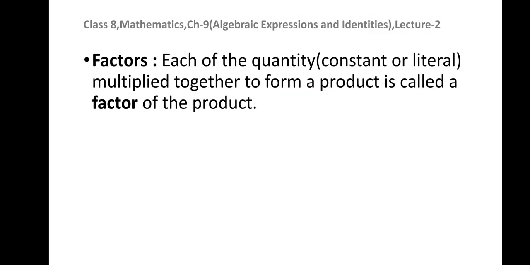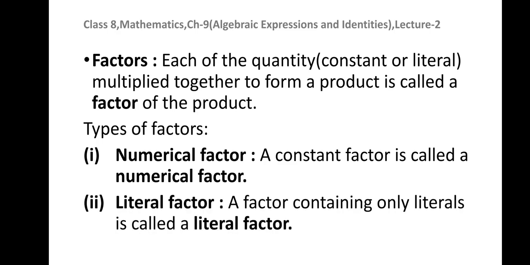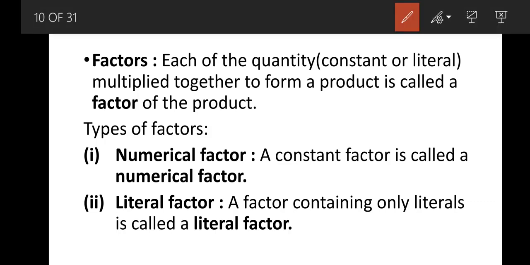So factors: each of the quantities, constant or literal, multiplied together to form a product is called a factor of the product. We have studied the types of factors, that is, numerical factor. A constant factor is called a numerical factor. Literal factor: a factor containing only literals is called a literal factor. Obviously, what do you mean by factors?